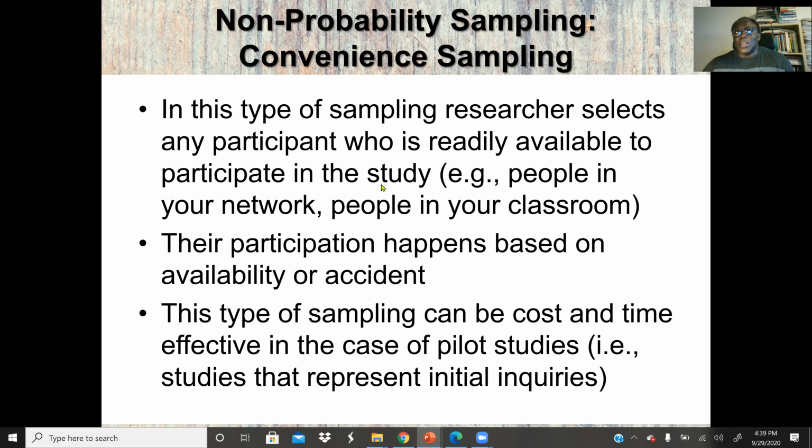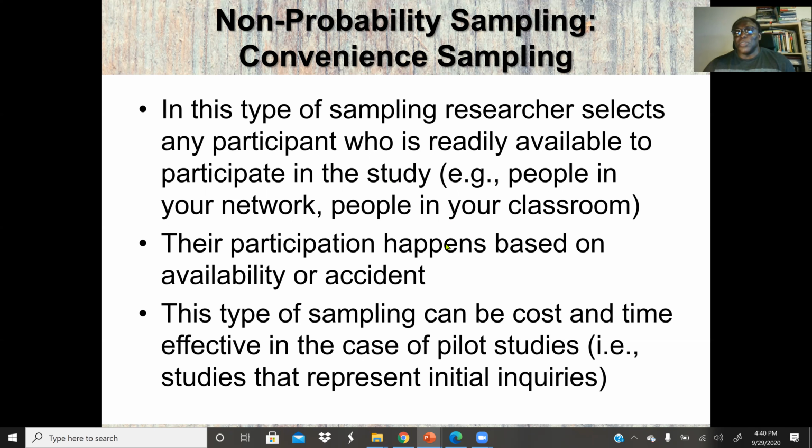Also, in this type of sampling, researchers select any particular person or any participant who is really available to participate in the study. Example would be people in your network, people in your classroom. We don't care about generalizing the whole population here. It's against non-probability.